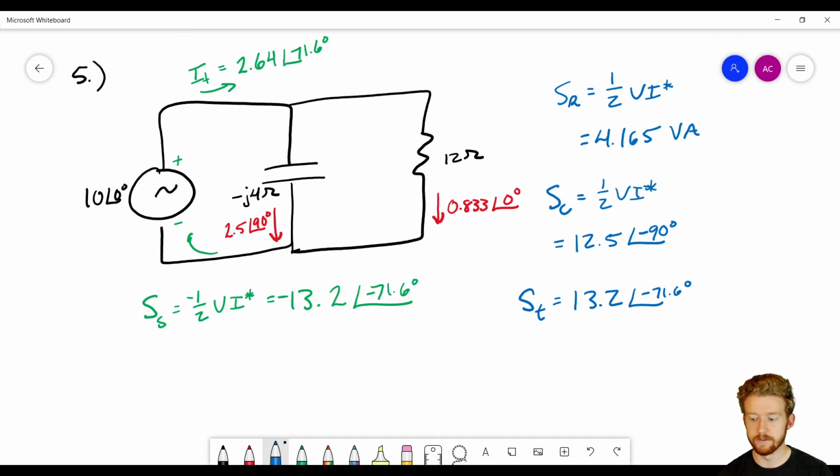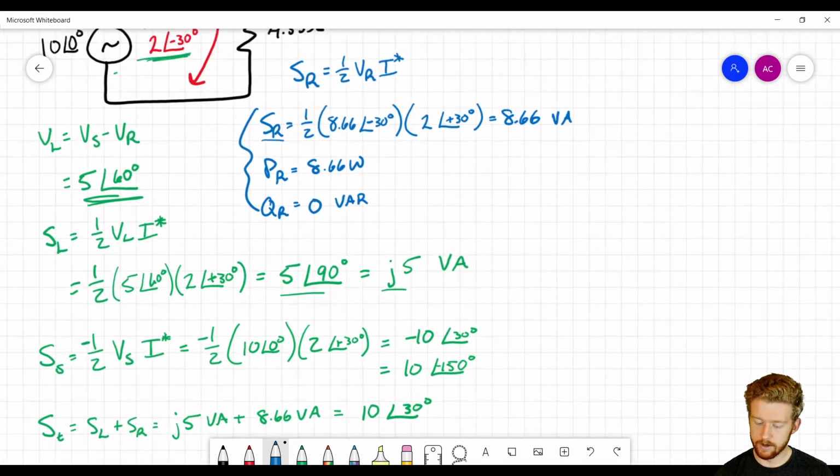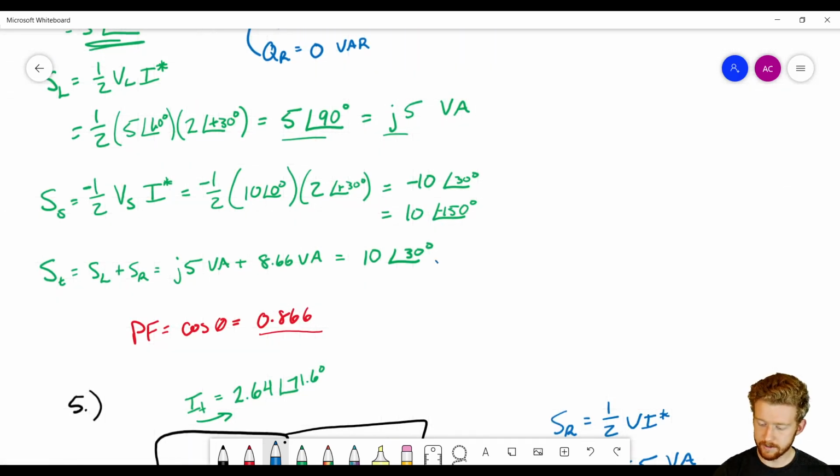Everything is making sense. So one thing that you can notice is that here we have this negative phase, right? Now up here, whenever we were dealing with an inductor, we had an inductor in this circuit, and we had this positive phase here. So the phase can actually tell us quite a bit about the circuit.